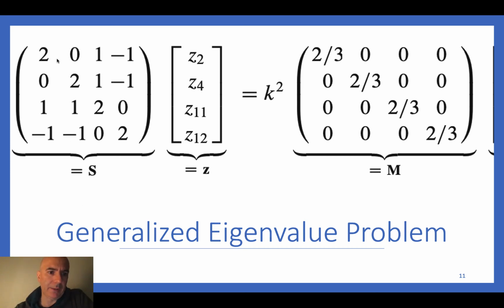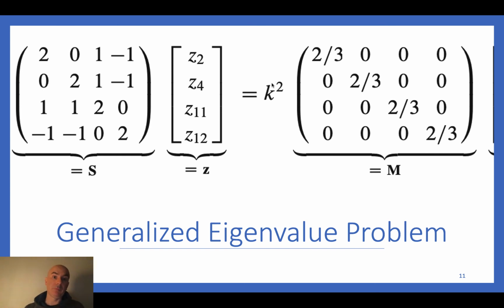So we have the global matrix S and the global matrix M, and then we have the Z that are the eigenvector. So here we have Z, and here, that is missing in this slide, we also have Z, and then K square are the eigenvalues.